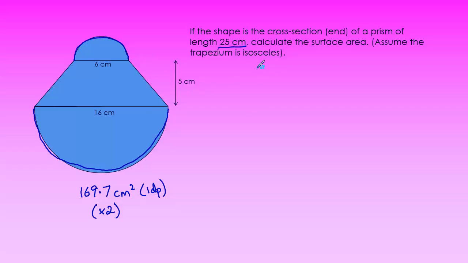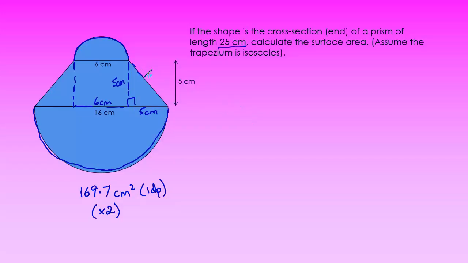Now, we've assumed that the trapezium is isosceles, so if I go down here, this would be 6 centimeters along there, leaving us 10 centimeters. So this must be 5 centimeters, this would be 5 centimeters, and this is a right-angled triangle.